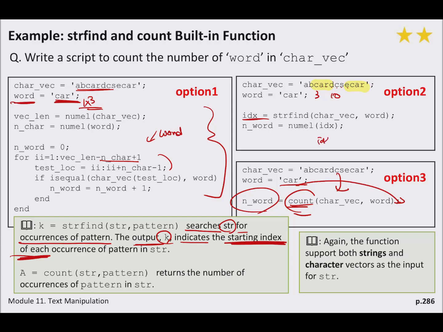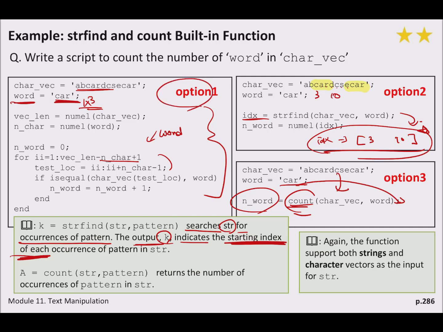So the index is 3, 10. Okay. So the number of occurrences is just the count of the number of elements. Okay. Does it make sense? So how easy it is to solve this problem if you use this built-in function.